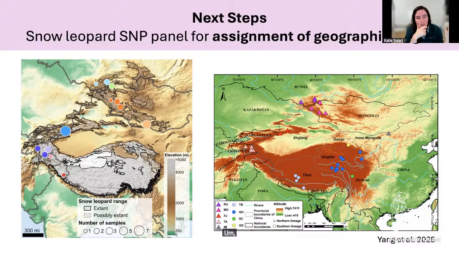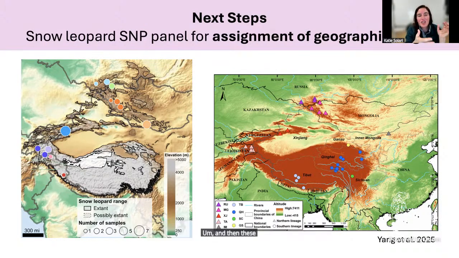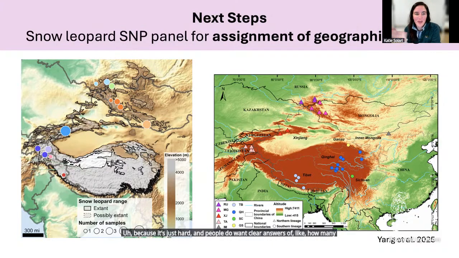Because they kind of wanted to interpret those heavily for current population sizes too, but that really can't be done. And then these connectivity things too, I also hesitate to say too much, because it's just hard, and people do want clear answers of how many snow leopards are moving between Mongolia and Kyrgyzstan every year. We can't say anything like that.